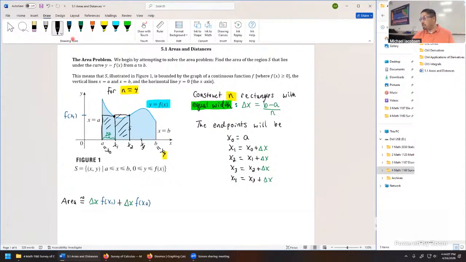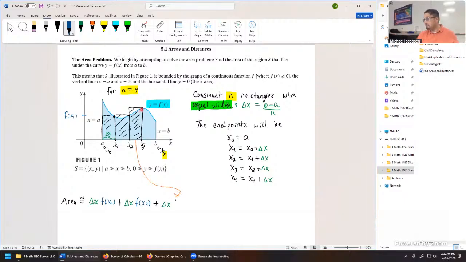Then following the same logic, at x3, we draw a vertical line. Comes up, hits the curve at this height. This is another overestimate on the area of that rectangle due to that white space there. But when we find the area of this one, it's going to be plus. It's an equal width, still delta x. That's going to be the width times the length of the interval going from here to here.